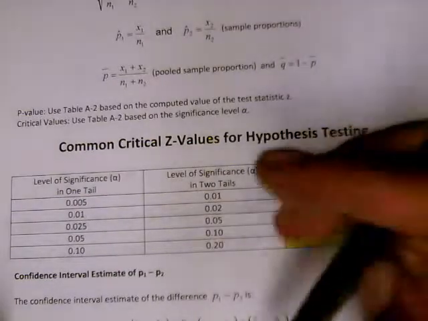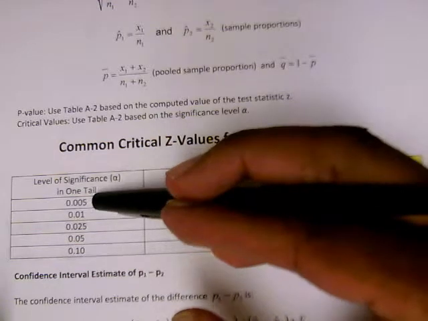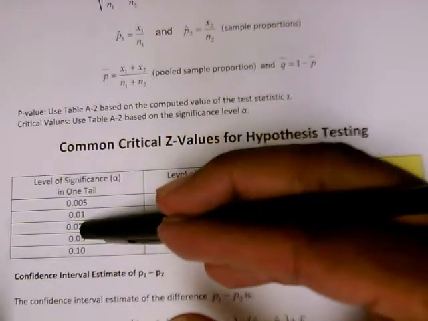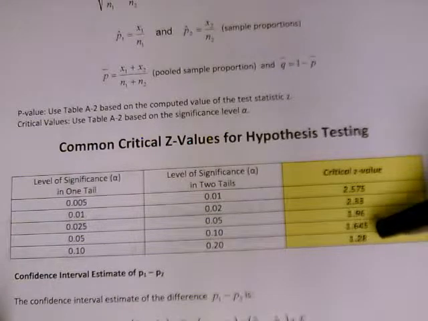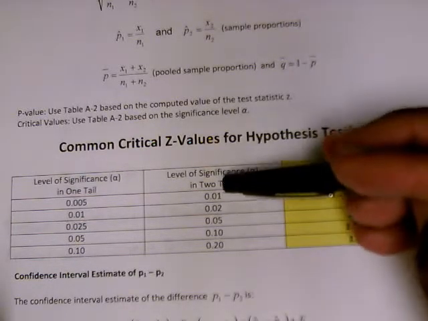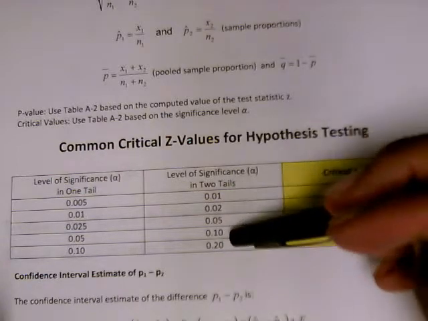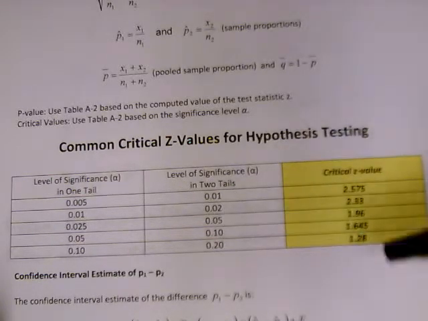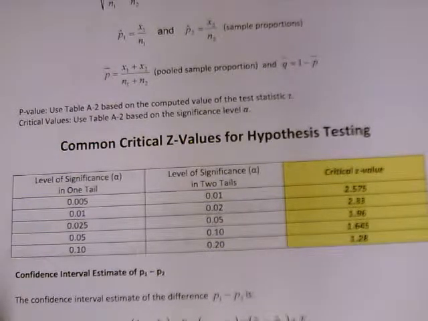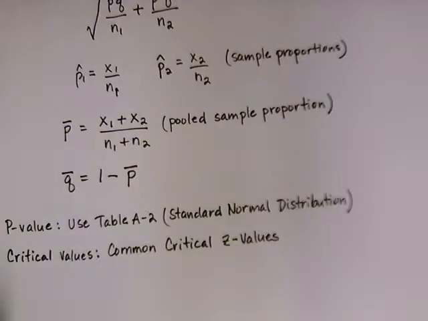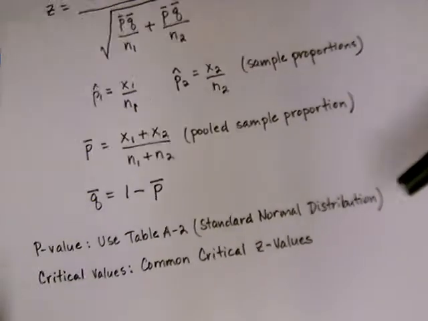So here, if you have a one-tail test, you'll find the appropriate level of significance in that first column, and then read across to find out what that critical value is. Or if you have a two-tail test, then you look in the middle column to find the level of significance, and then find your critical value in that particular column. Okay, so that's the common critical z-values here that we'll be using. Or the best way to do this will probably be using technology, and I'll show you how to use the TI-83 or 84 Plus calculator to do this.